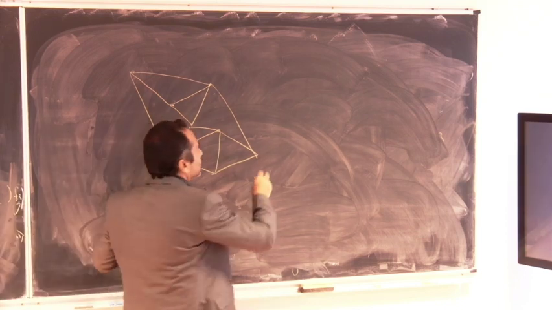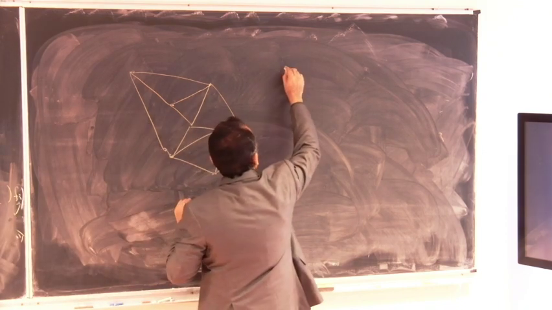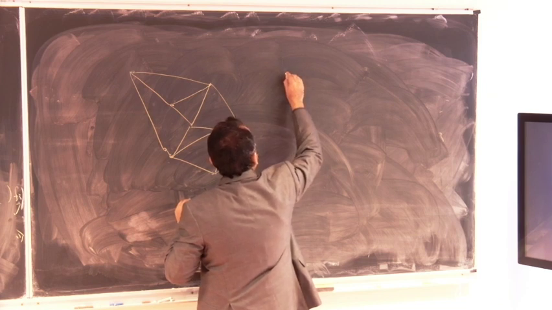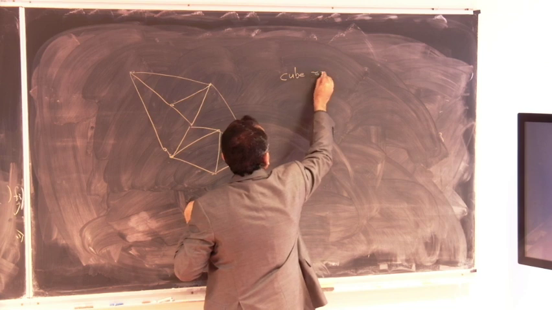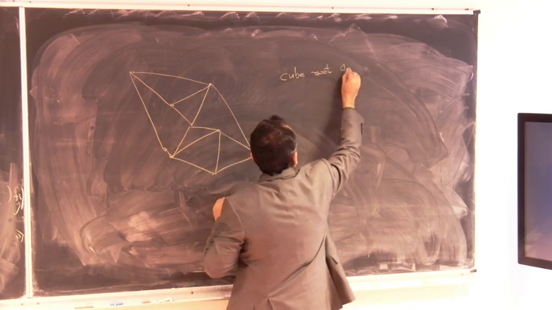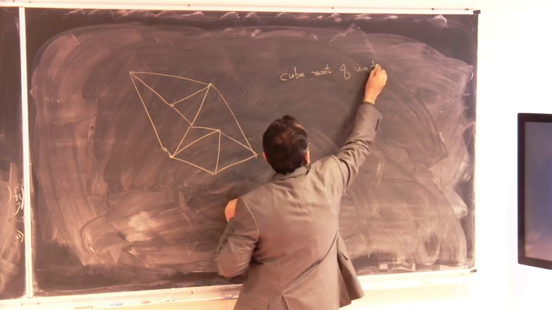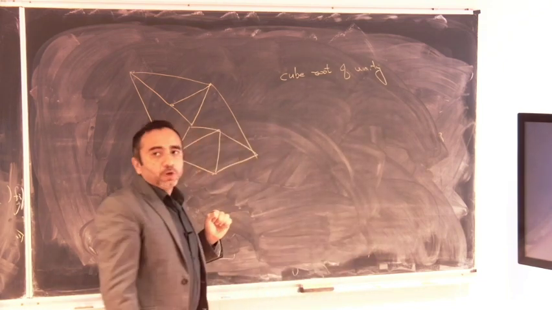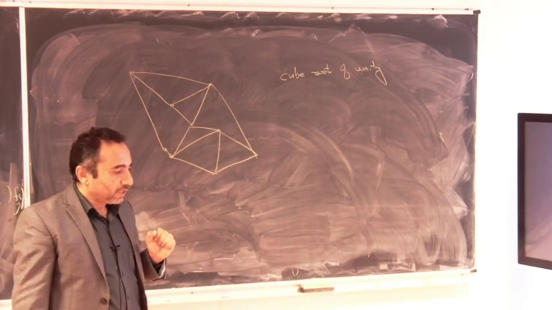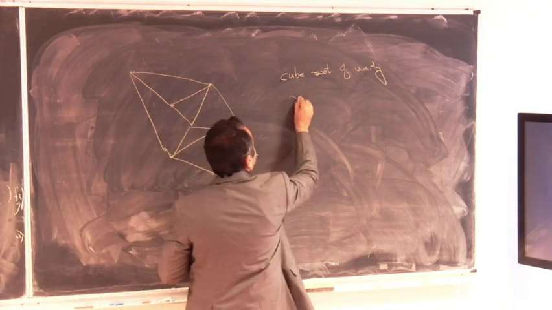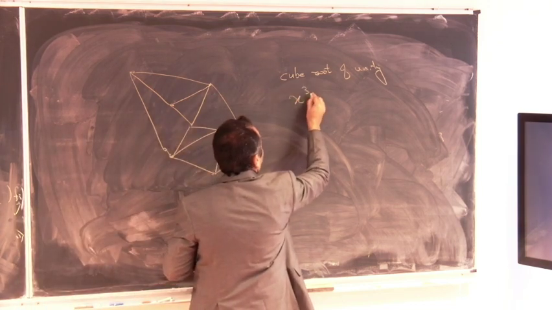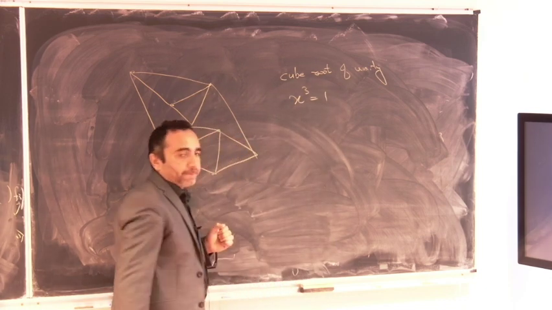So for three colors we will use the cube roots of unity. This means we are looking at the solutions of the equation x cubed equals 1.